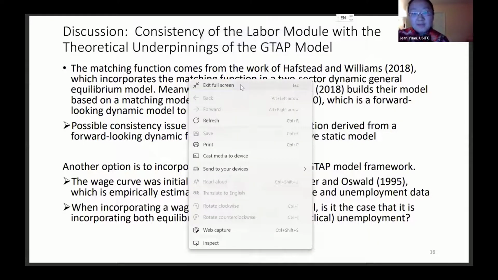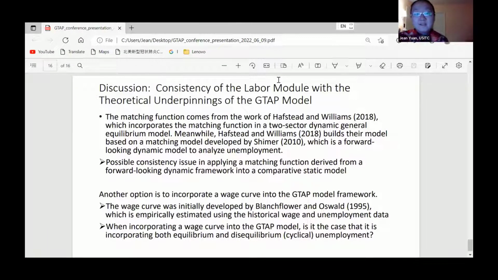Okay, I will exit the full screen here. And then any questions? So, yes. Looks like there is no question. Yes, I have a question. Or a comment. Okay, let me, I will just try to.